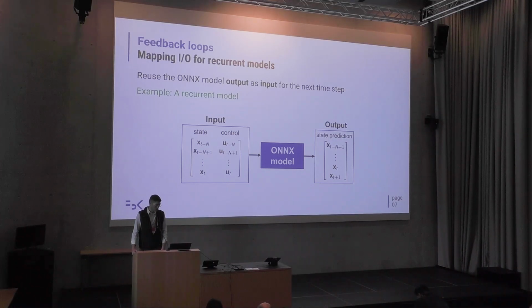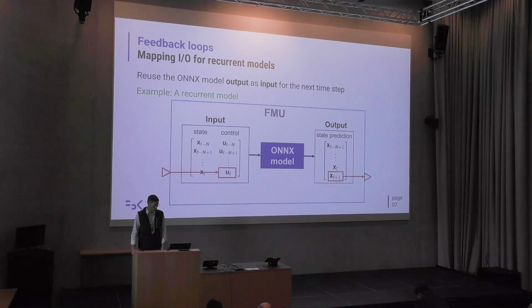So we have this list of things which has to be normalized. We need to do operations, and we can do all this within the ONNX model. Then we need to encapsulate this into the FMU, and to keep things simple, the thing that we want to provide at each time step to this model is simply the new vector with the controls for the model, and we want to receive the prediction for the state at the next time step.